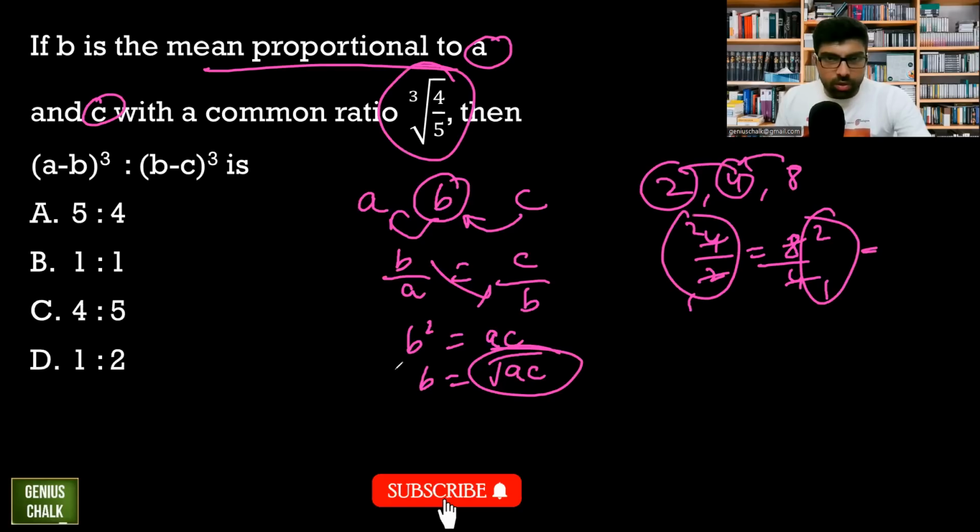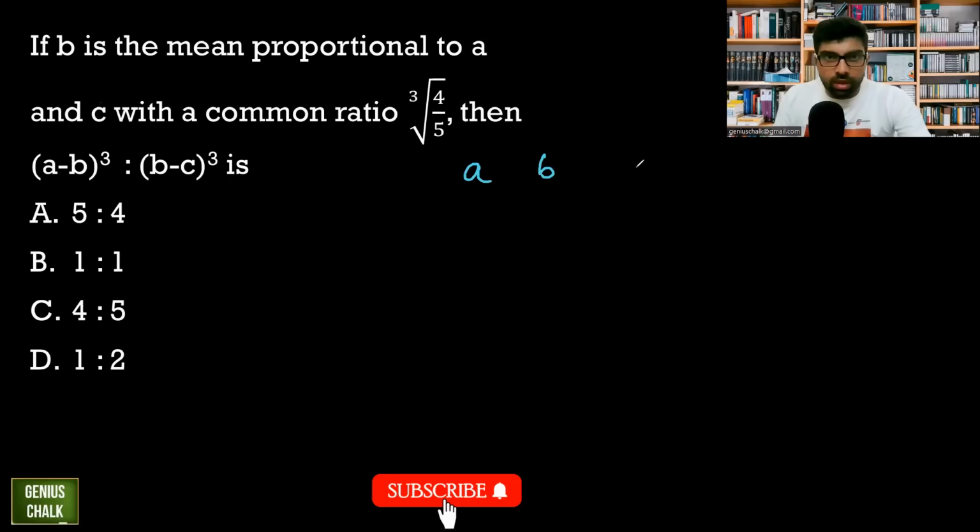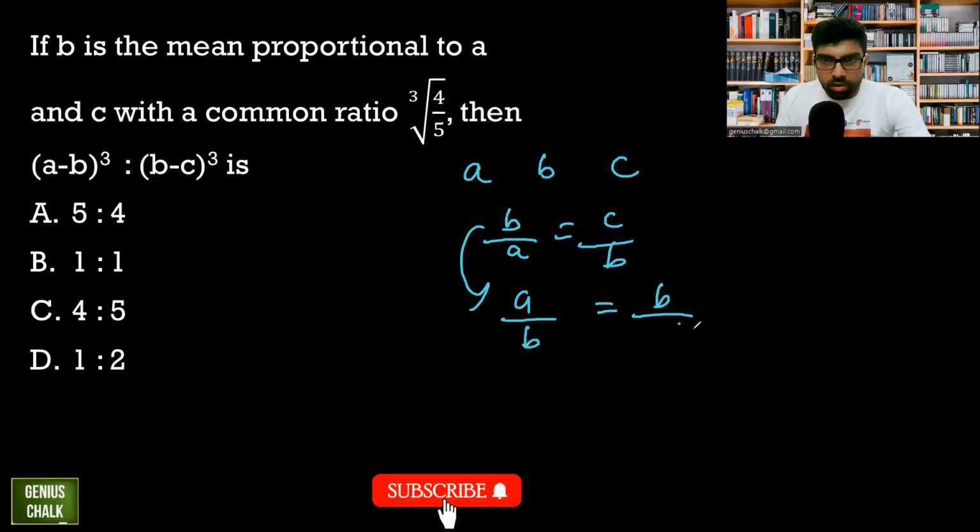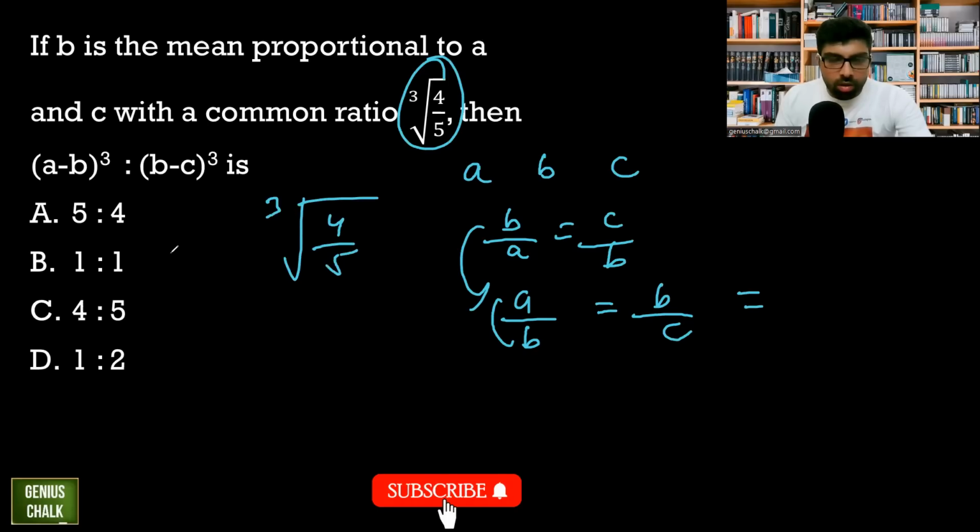So we can write that this common ratio. So A, B, C, B by A is equal to C by B. We can write it as A by B is equal to B by C also. It's our choice. The ratio is same. What is the ratio? The ratio is cube root of 4 by 5.